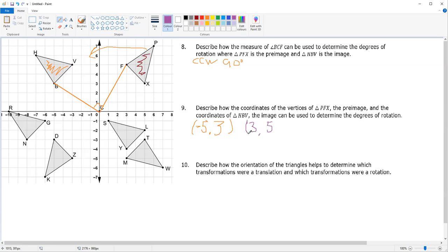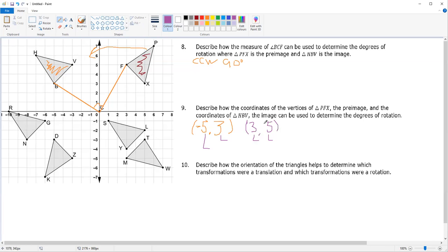And in order to see how this transformation happens, you can see that the x value and the y value are exchanged. Or, correction, the y value becomes negative. So the y coordinate is multiplied by -1, and the x values and y values switch.